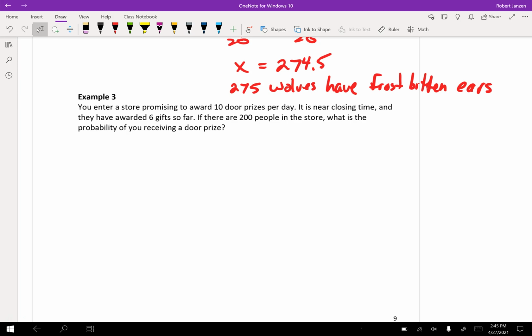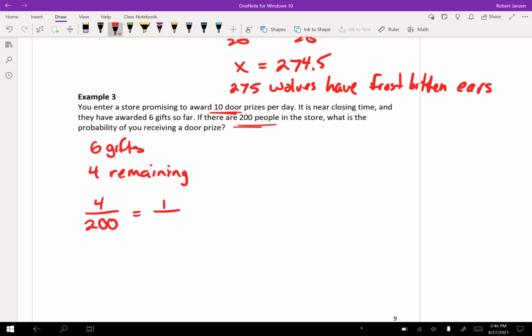So the probability of receiving a door prize is what? Well, you've given 6 gifts already. There are 10 total door prizes, so there must be 4 remaining. Right? And if there are 4 remaining with 200 people in the store, that means you have a 4 in 200 chance of getting the gift.